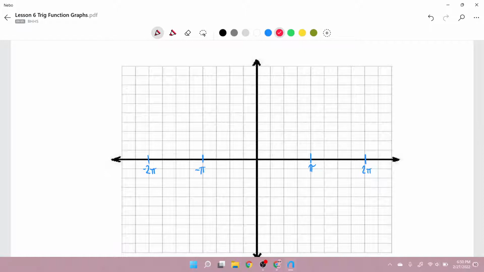Well, if n equals 0, we will have an asymptote at the y-axis. And then pi, 2 pi, also negative pi, and negative 2 pi. There we go. All right.